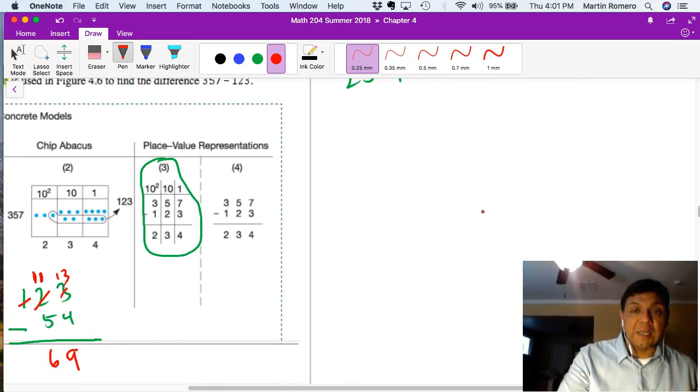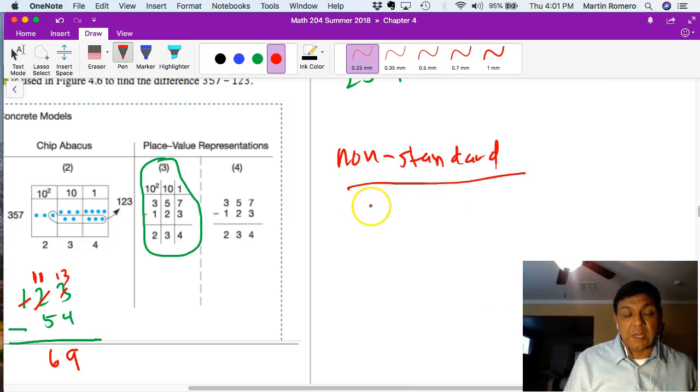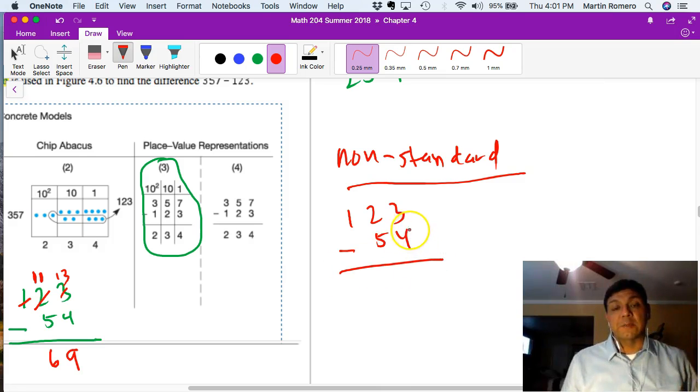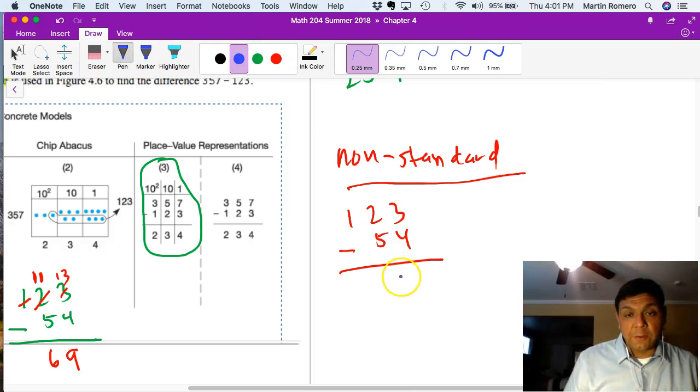Now, if you want a non-standard algorithm for subtraction, you're not going to see it in the book, but I think you can invent one yourself. Here's one just to introduce to you to see how you think about this. 123 minus 54. If we want to do kind of an intermediate algorithm, what I think could work, 3 minus 4, it's negative 1, right?